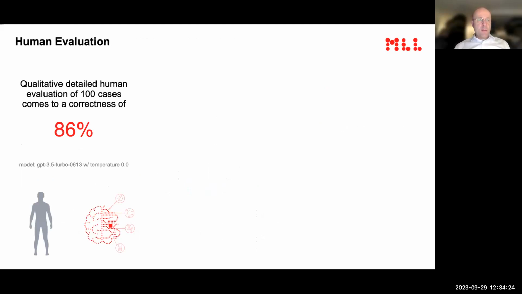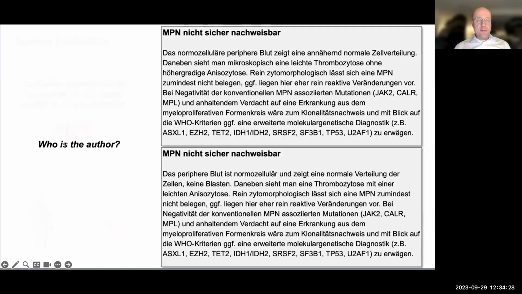And then we achieved a correctness of about 86%. This system also automatically derived the text, and this is also in German. You can see that the header is the same, and I can tell you that the content of the text is also very similar.